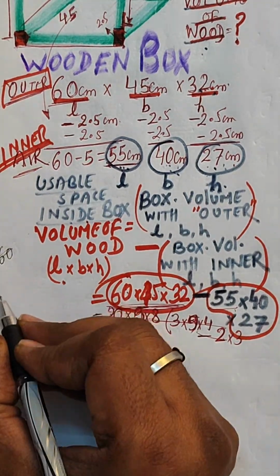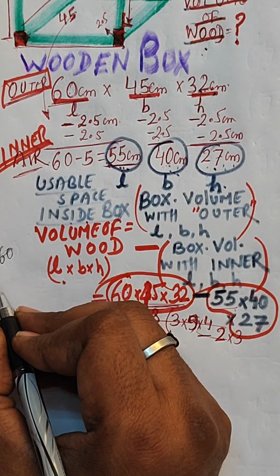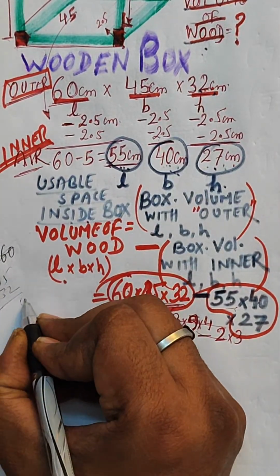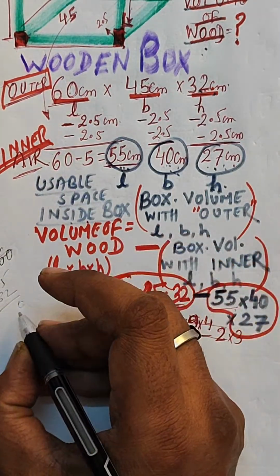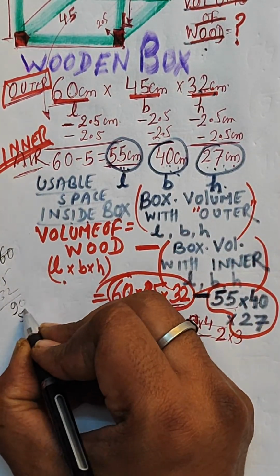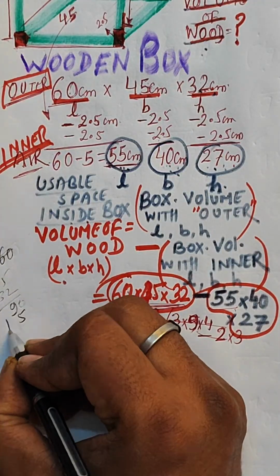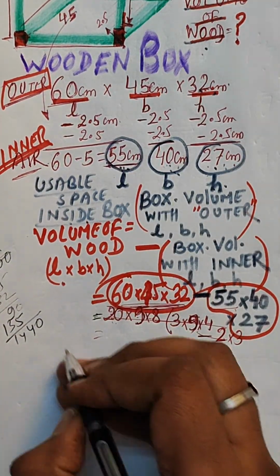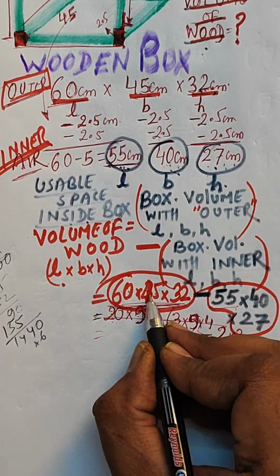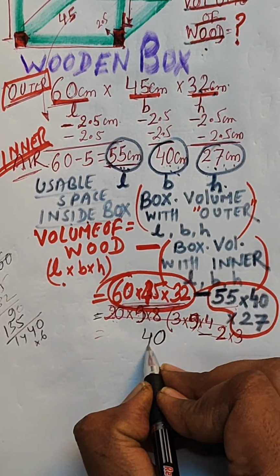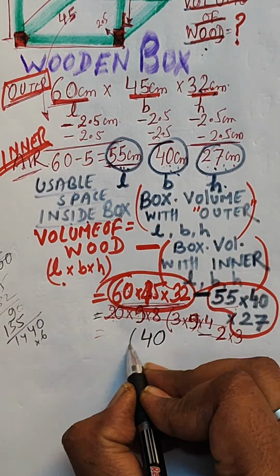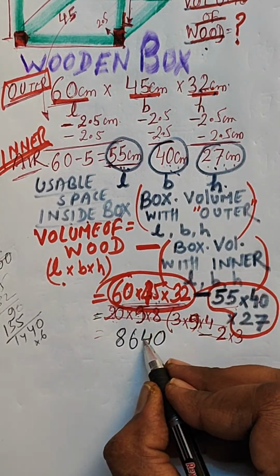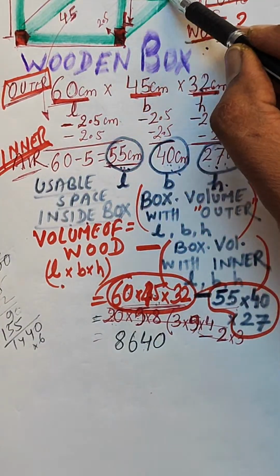But I think Nora wants me to calculate it, right? So let me do it. 45 into 32: 90, 3 5s are 15, carry 1, 1 3 is 4, so 1440. 1440 into 6 will be 8640. This is the volume of the wooden box with the outer dimension.